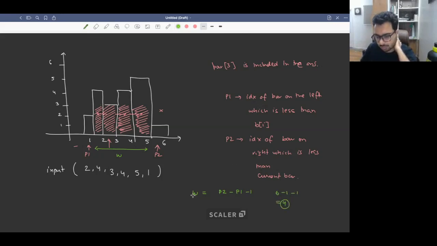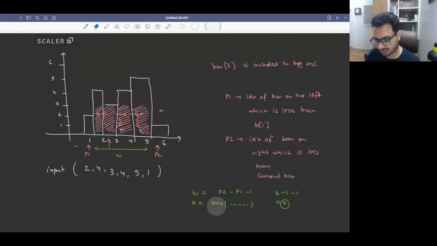Okay. What about height? What should be the height? Is it the height of the ith bar or is it the height of the minimum bar? Should I take the minimum of a range or should I just take the height of the current bar?